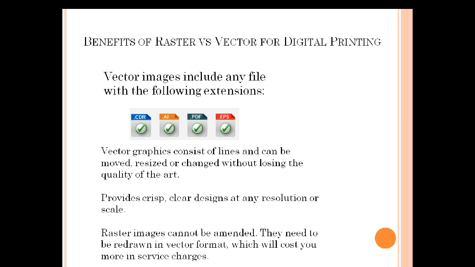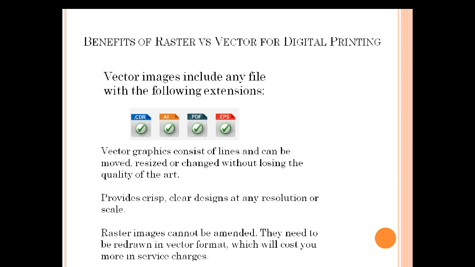So when we talk about vector images, these include any of the files with extensions of a CDR, which is a CorelDRAW file, an AI, which would be an Adobe Illustrator file, even a PDF or an EPS. Since vector graphics consist of lines that can be moved or resized or changed without losing the quality of the art, the person you're sending it to can also amend those files.